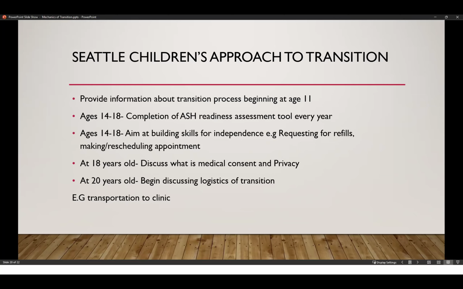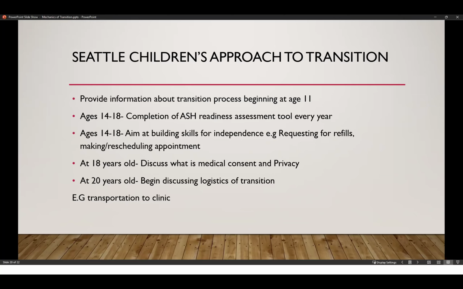And then again, within that same age range, we build the skills that we think our patient needs to transition effectively. So things like, are they able to request their own refill? Do they even know their medication? Do they know what the medication does? And how are they able to make appointments or reschedule if it needs to be done?